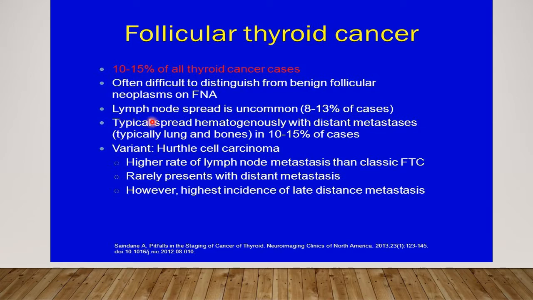Typically, its spread is hematogenous, with distant metastasis typically to the lung and bones in about 10 to 15% of cases. The variant Hürthle cell carcinoma is more aggressive, with a higher rate of lymph node metastasis than the classical follicular thyroid cancer. Rarely presents with distant metastasis. However, the highest incidence of late distant metastasis occurs.